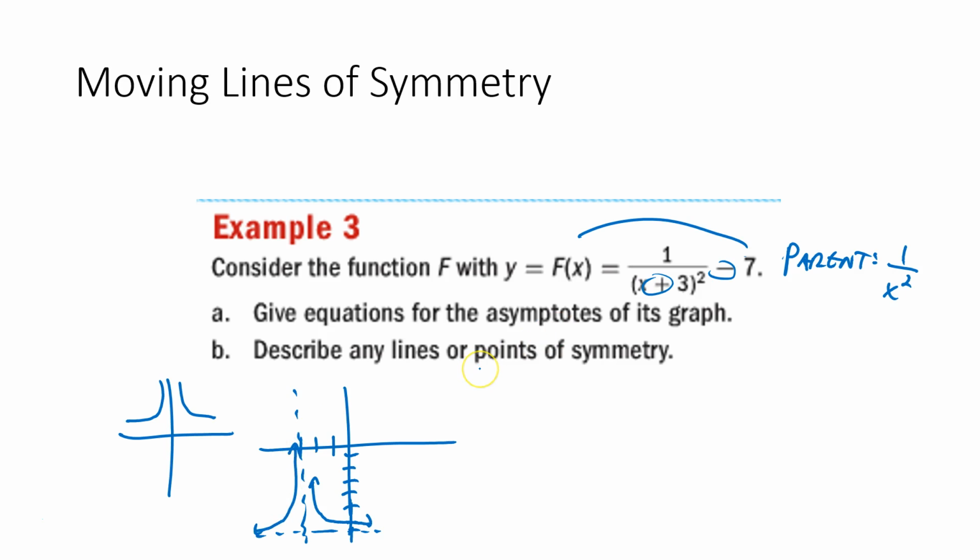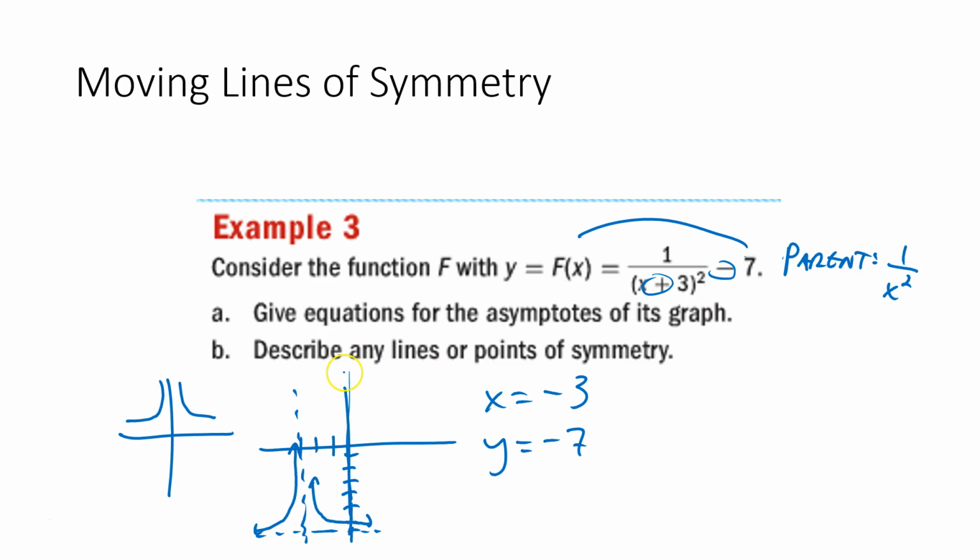And they ask first for the equations of the asymptote. So since it moved left 3, our vertical asymptote is now x equals negative 3. And our horizontal asymptote, our y moved down 7, so it's y equals negative 7. And they ask for any lines or points of symmetry. So we definitely don't have y-axis symmetry anymore because the y-axis is right here. We don't have origin symmetry because this graph around the origin would be somewhere up here.